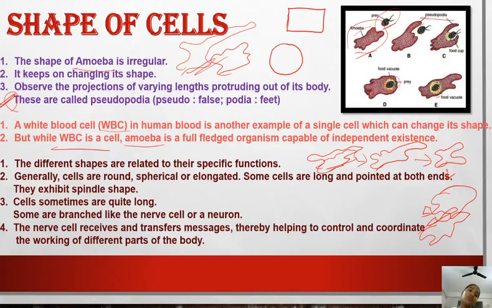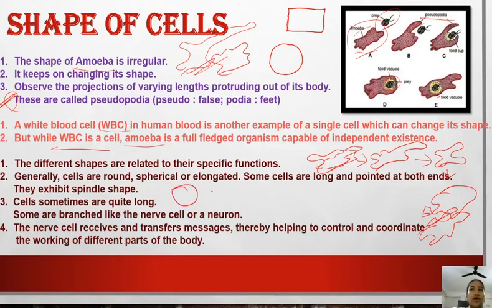So why does each cell have a different shape? Why does the cell of amoeba have a different shape, whereas the WBC has a different shape? Because it's according to the function. Generally, cells are round, spherical, or elongated. Some cells are long and pointed at both ends, exhibiting a spindle shape.